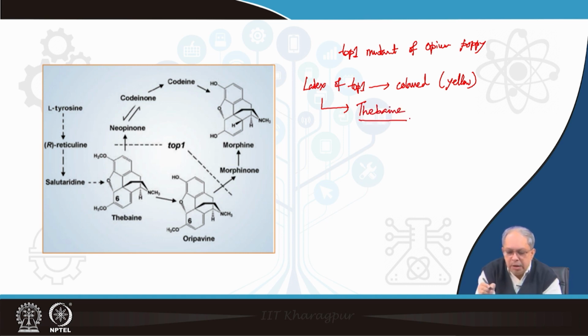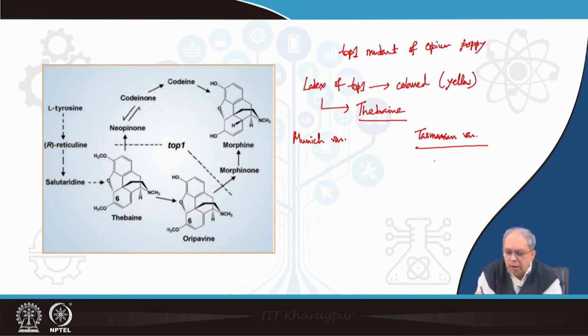Now, the next question is this: I have mentioned two varieties. One is the Munich variety, another one is the Tasmanian variety. So, the Tasmanian variety was used.